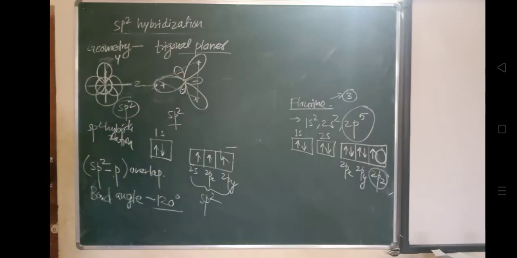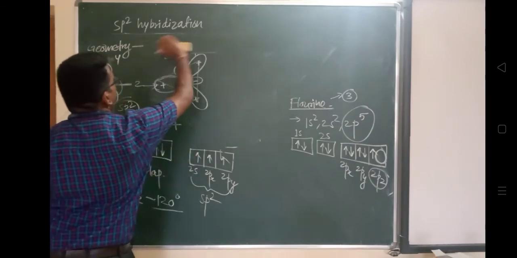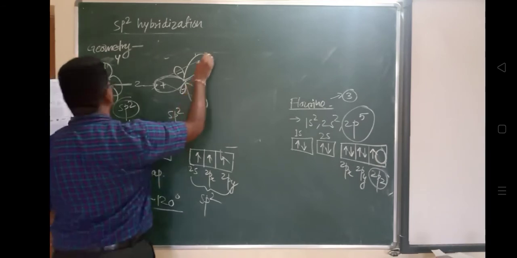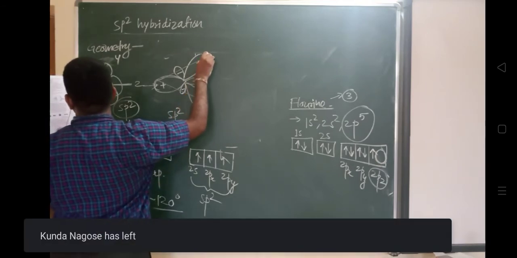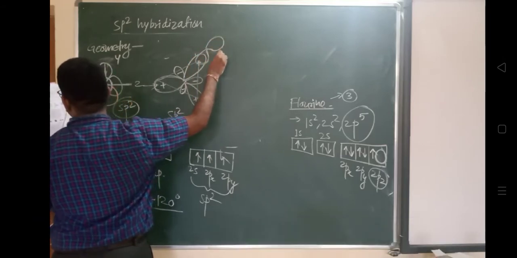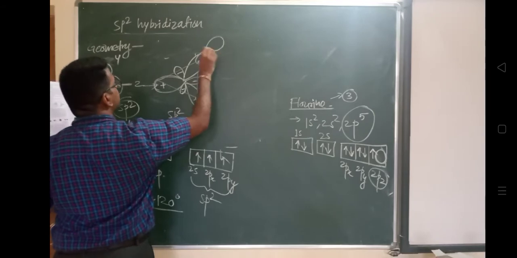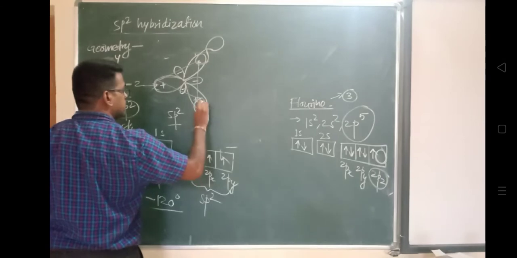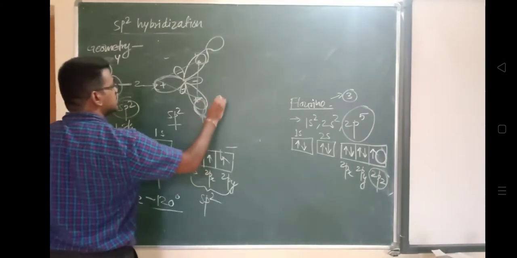In this way, sp2 and p orbital bonds will be formed between one boron atom and three fluorine atoms, and it will form the BF3 molecule. So this is about sp2 hybridization in the C2H4 molecule and in the BF3 molecule.